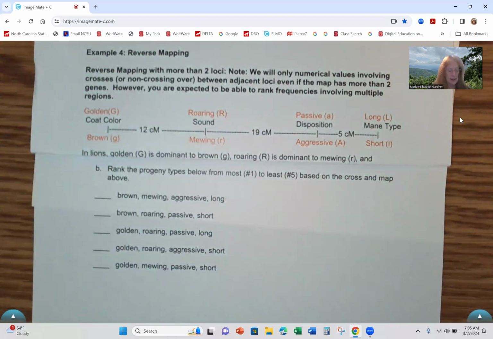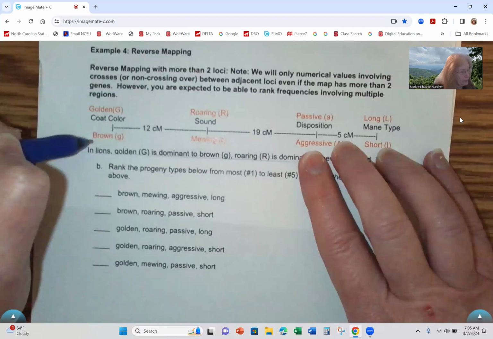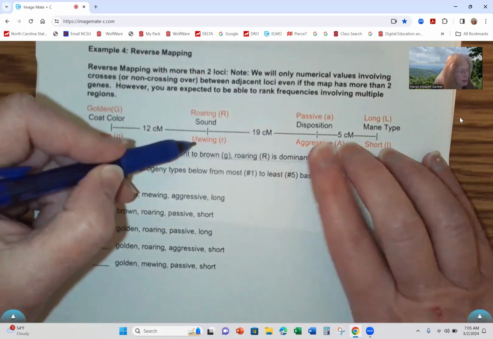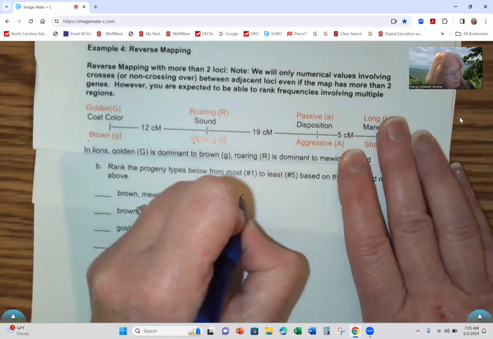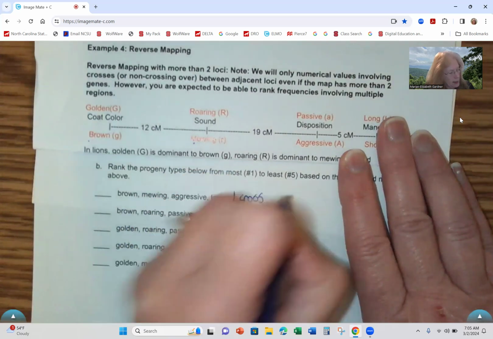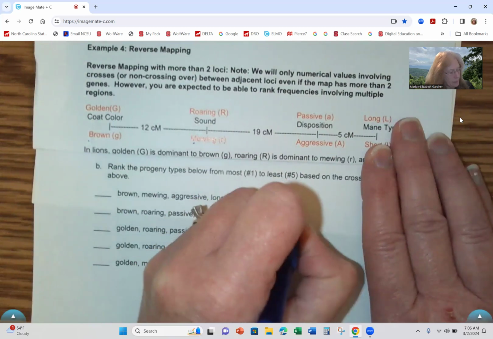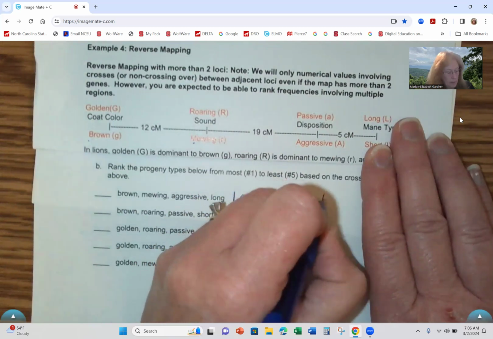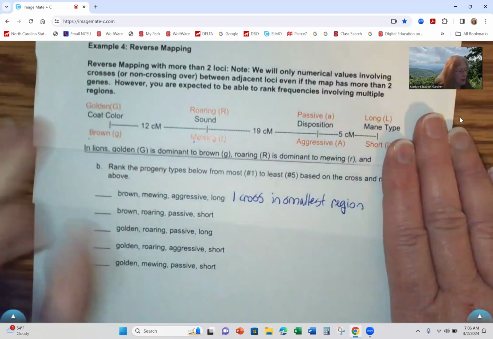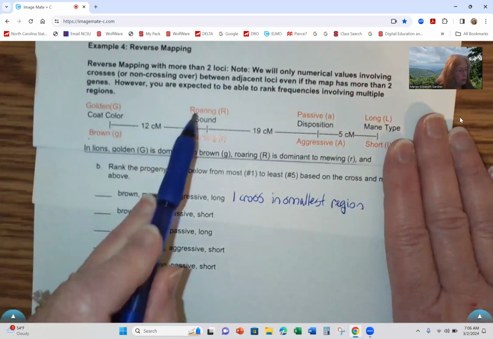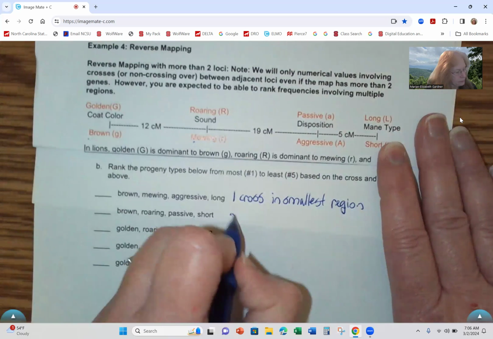So let's look and see where each of these cross. Brown, mewing, aggressive, long. One cross and in the smallest region. Okay. Brown, roaring, passive, short. Two crosses.